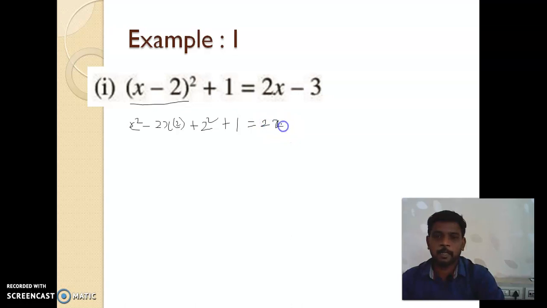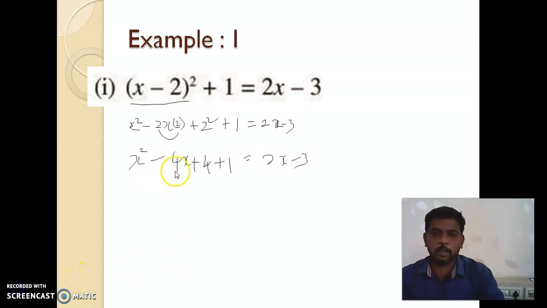Now simplify this. x square minus 4x plus 2 square, which is 4, and plus 1, equal to 2x minus 3. So x square minus 4x plus 4 plus 1 equal to 2x minus 3.